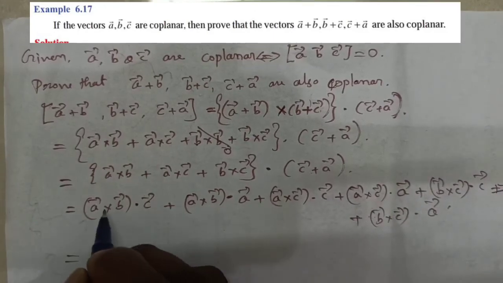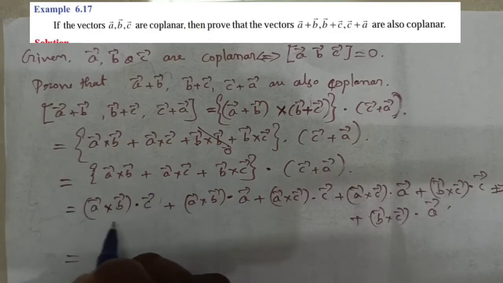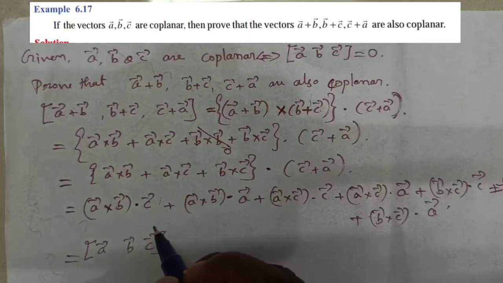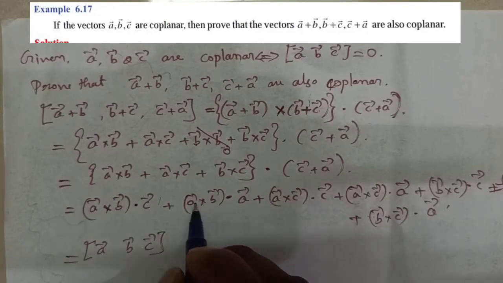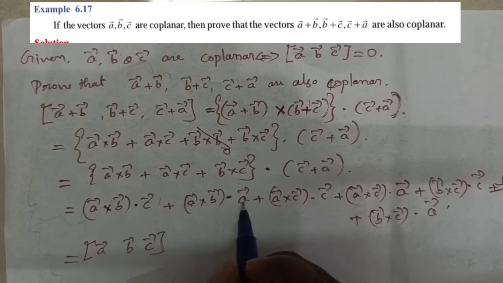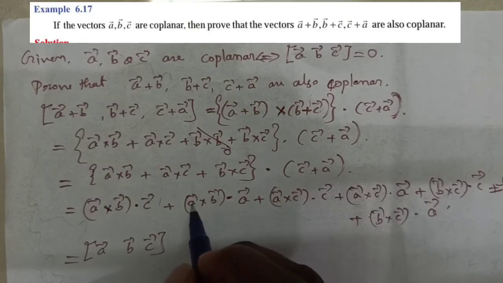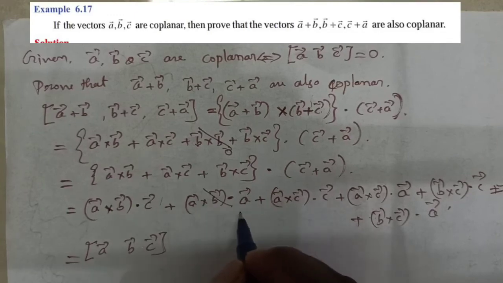Here, ABC: one dot, one cross. This statement is the box product of A vector, B vector, C vector, because it is the scalar triple product. So we can write it as the box product of A, B, C. Look here, A appears two times, so it is the box product of A, B, A. In the scalar triple product, if any two vectors are identically equal or proportionally equal, then the box product value will be 0.